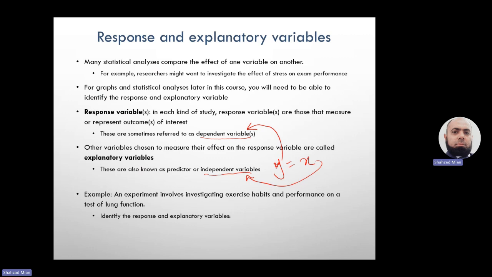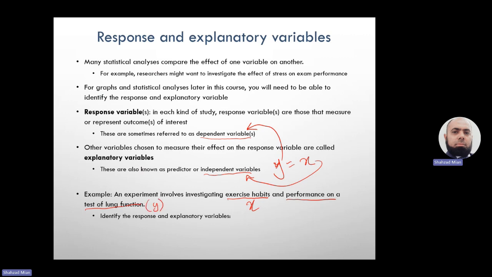An example could be, let's have a look at this example. An experiment involves investigating exercise habits and performance on a test of lung functions. So we need to identify what is the response and what is the explanatory variable. The independent variable, known as x, is exercise habits, and based on that, our lung function performance changes.